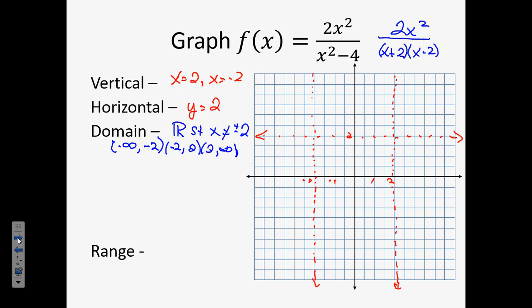Now we've got to put a little t-chart together. I'm going to pick the easiest one first. Let's put x equals 0 in here. Make sense? When x is 0, 0 over -4 is going to be 0, right?